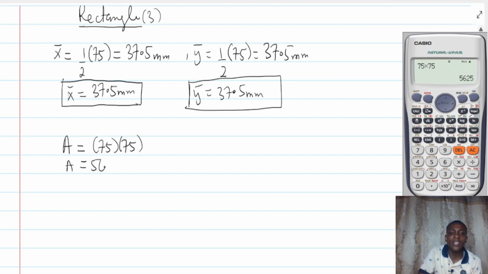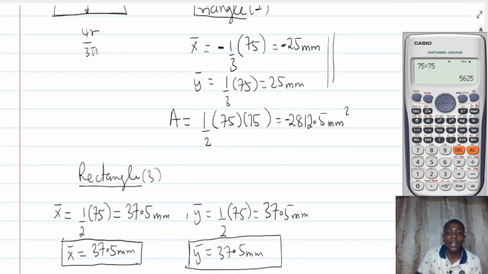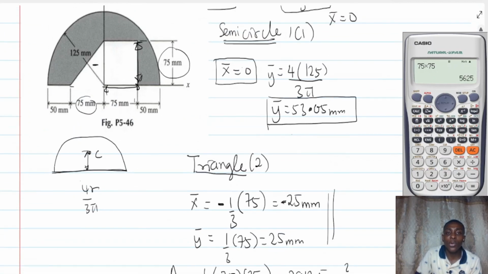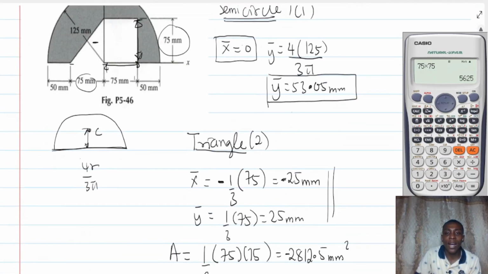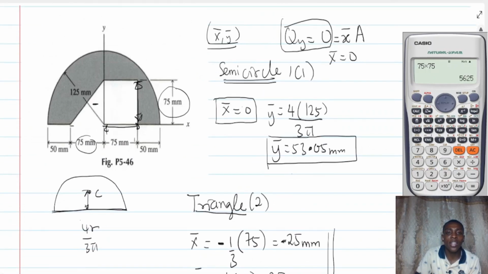So the area is 5625 millimeters squared. All right, at this juncture, I think we are good to go. We have x bar, y bar, and area for all of the figures.